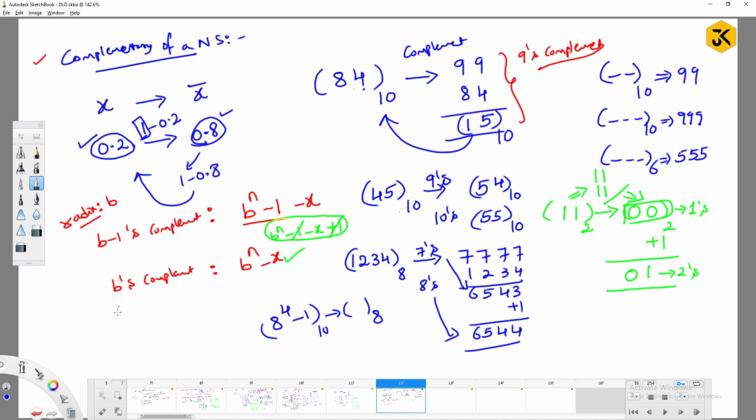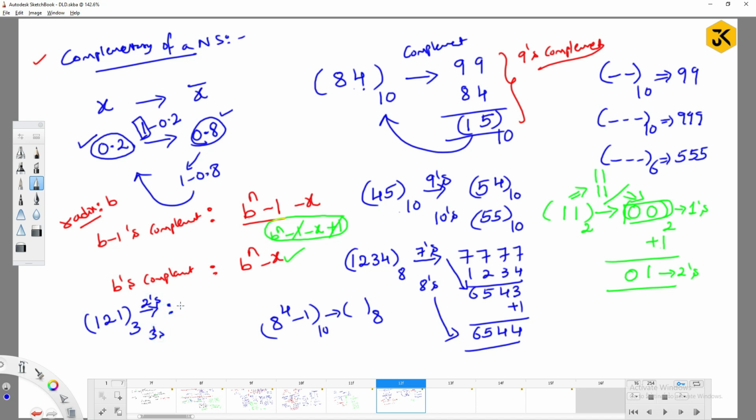Okay, so try to do this: 121 base 3. What is the complement of 121 if it is base 3? You get the 2's complement as well as the 3's complement.